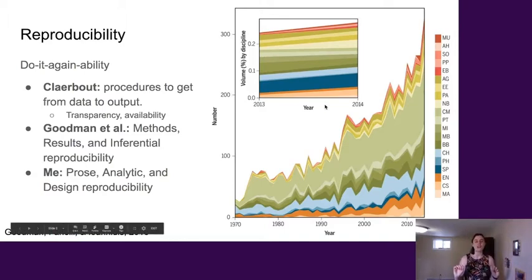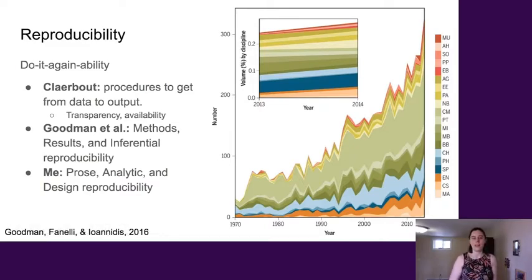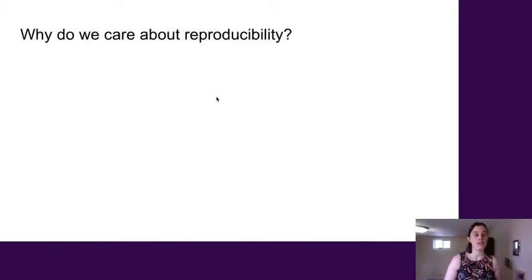Can we reconstruct the logic of those choices? In other words, acknowledging that you could have made 1,000 other choices that you didn't make, is there enough information presented so that you can recreate the logical path that you went down to make the choices that you made? So those are the 3 types of reproducibility that I'm going to be talking about today.